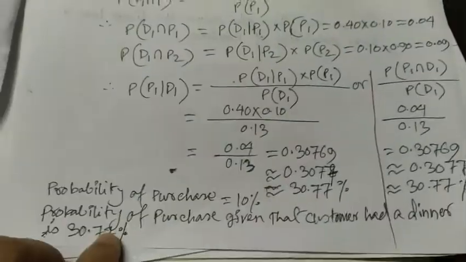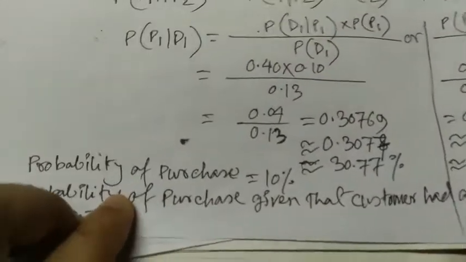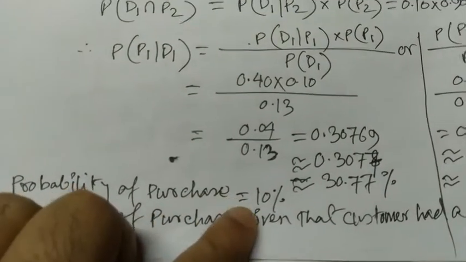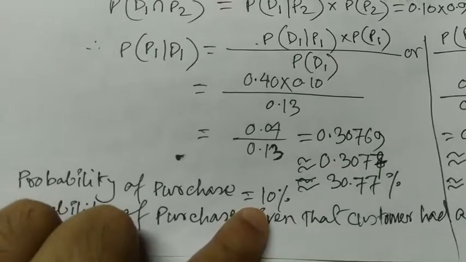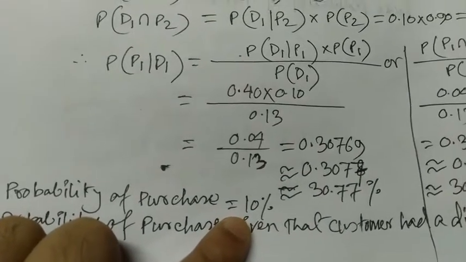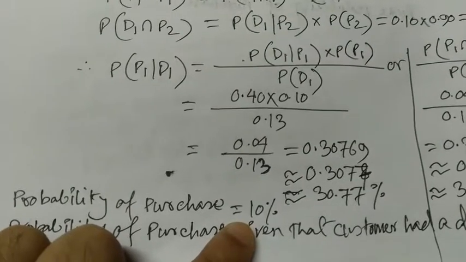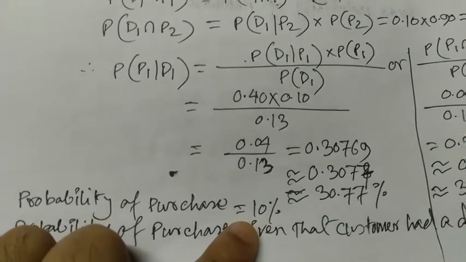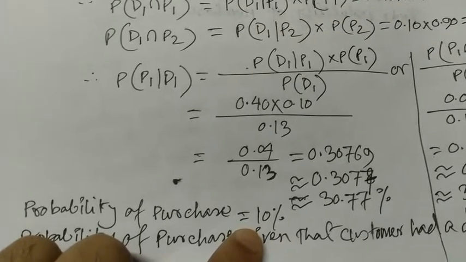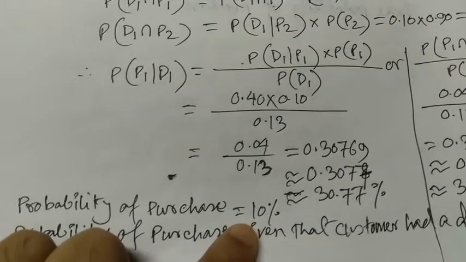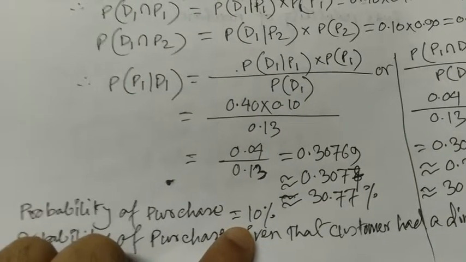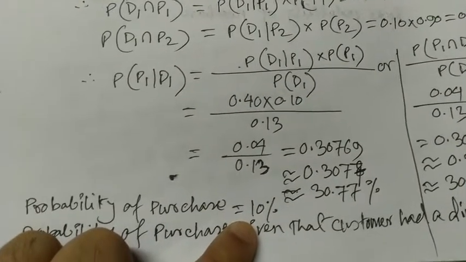As you know, the probability of purchase before the dinner offer was 10%. That means only 10% of the people who come and talk to the salesperson at the car dealership usually buy a car.